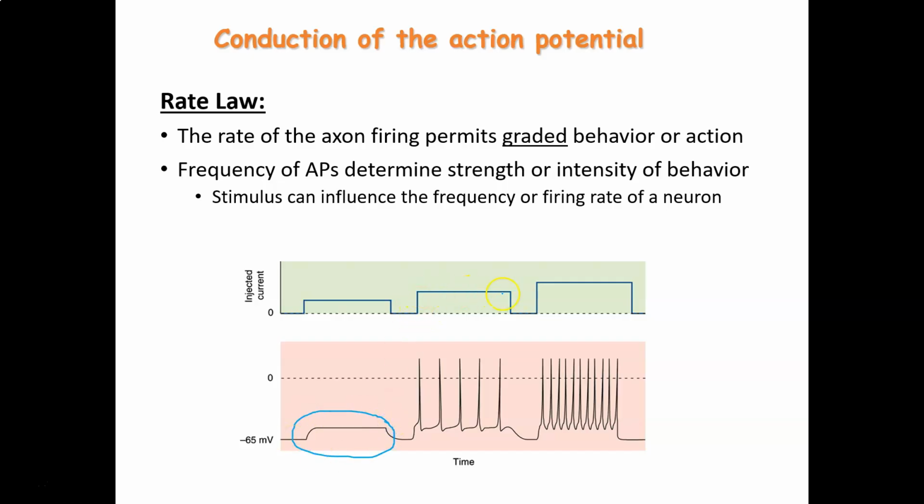When we generate a current that's slightly above the threshold of excitation, we have relatively frequent action potentials. But if we increase that current, you'll see the rate or the frequency of the action potential increases dramatically. Okay? So that's it for this particular lecture.